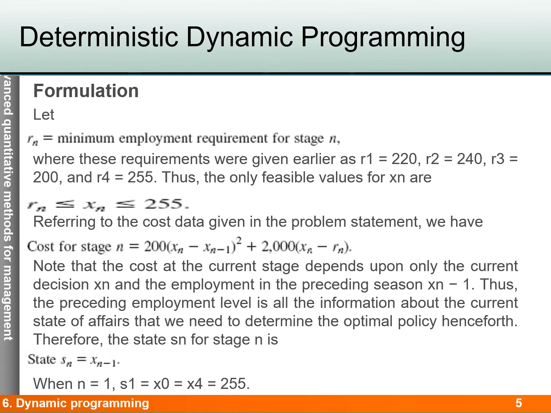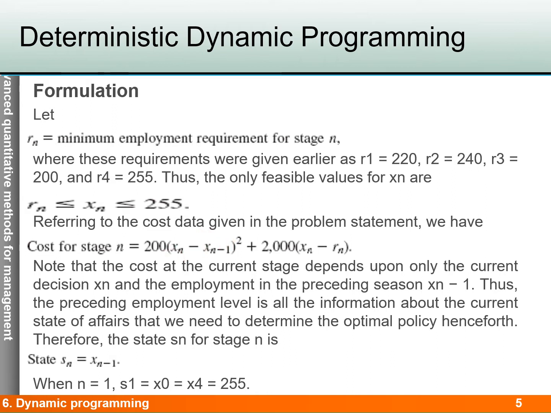Guys, the total cost of this job shop problem is what you see here, 200 multiplied by (xn minus x(n-1)) squared. What is this? It means that this parenthesis shows the cost of hiring or firing between two seasons, the summer and the spring, the autumn and the summer.